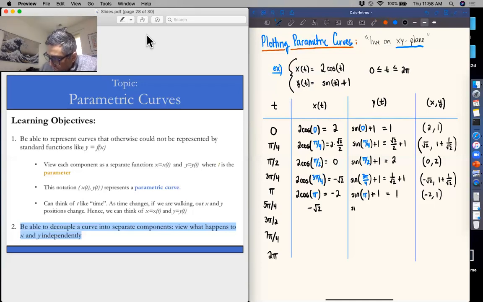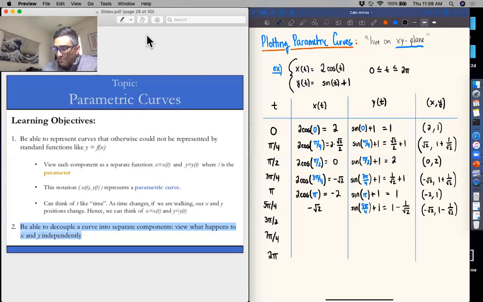Actually, let's just go through that. So sine of 5 pi over 4 plus 1. Sine of 5 pi over 4 is a negative 1 over the square root of 2. So what this equals is actually 1 minus 1 over the square root of 2. So the point we plot here is negative square root of 2, and then 1 minus 1 over the square root of 2.